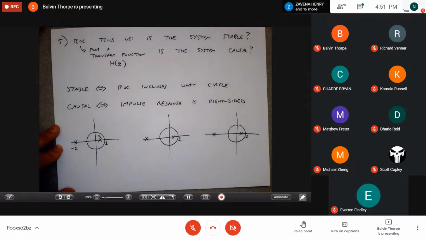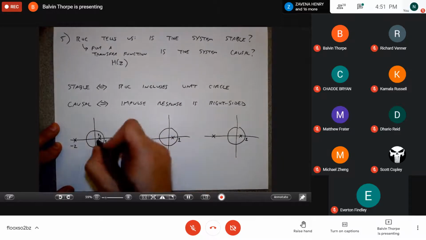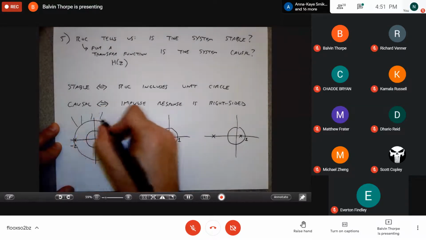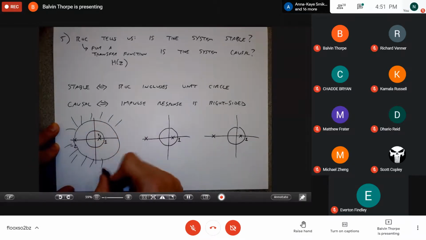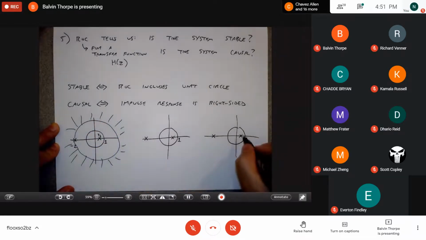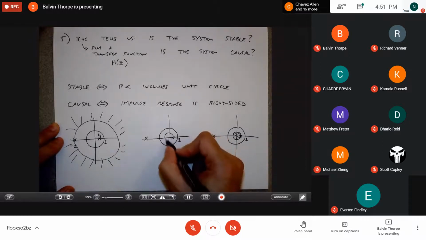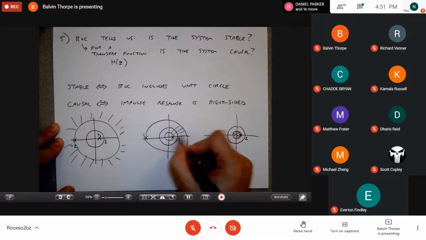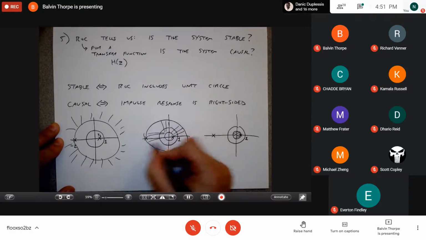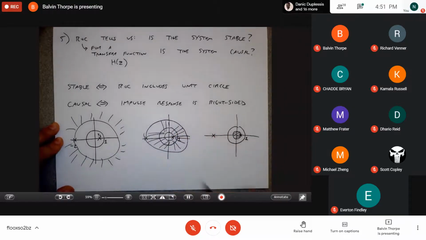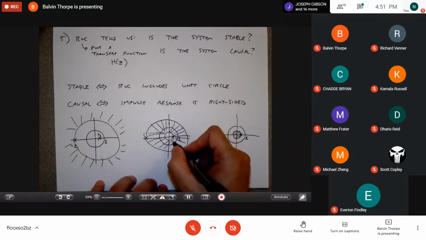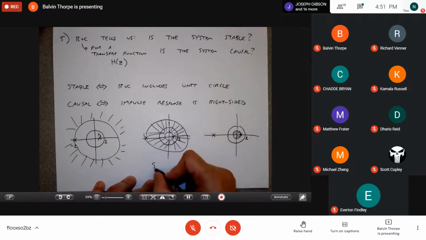So there are 3 different kinds of ROCs I could have here, right? One is this guy. One is this guy. And one is this guy. Sorry for my crappy drawing. So this one here includes the unit circle, so this is a stable system.